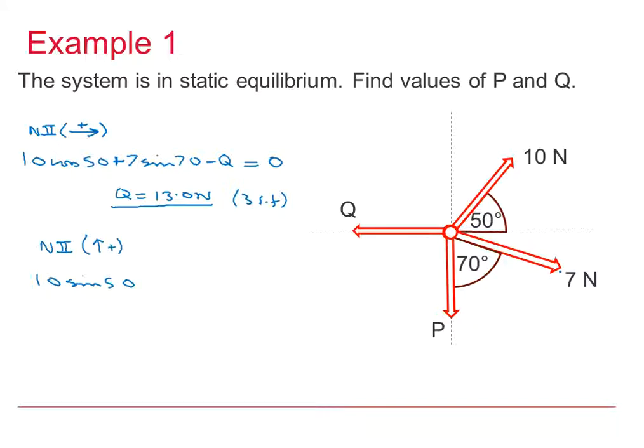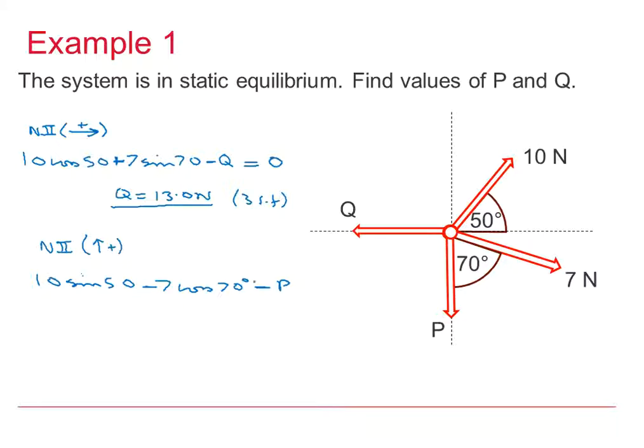I need to know how much of the 7 Newtons is acting vertically. So if you imagine a little triangle there, the vertical side of the triangle would be 7 cos 70 degrees. That would be acting straight down, so that's a negative component. P is acting straight down, so that's a negative force. Q is acting horizontally, so it doesn't have a vertical component at all.